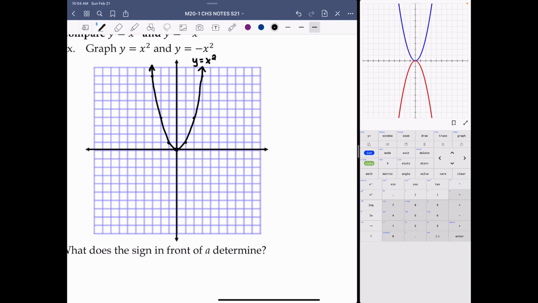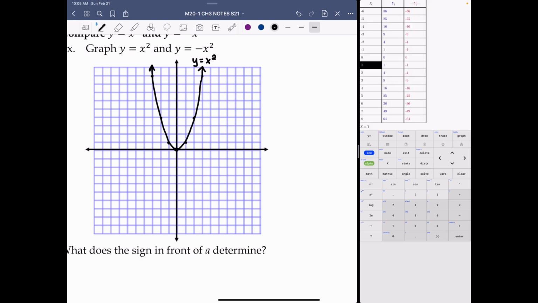I can go to my table to plot the points. Still have a vertex at (0, 0). Now when x is -1, y is -1. When x is -2, y is -4. And when x is -3, y is -9.